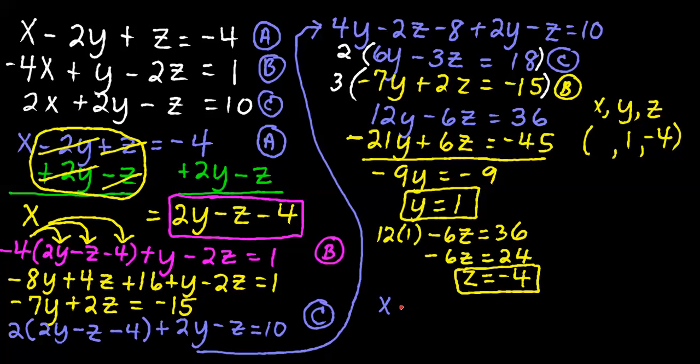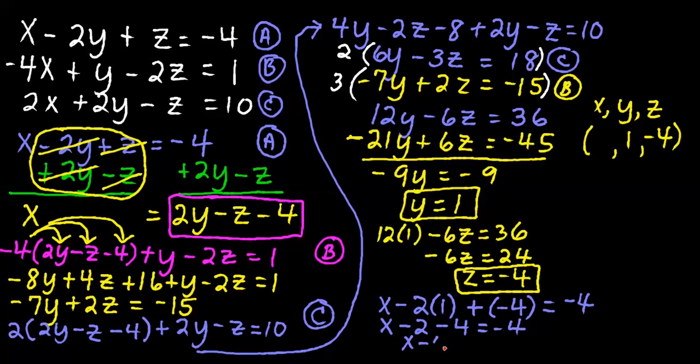So it's going to be x minus 2 times 1 plus, instead of my z, I'm going to write negative 4 equals negative 4. I'm going to have x minus 2 minus 4 equals negative 4, or x minus 6 equals negative 4. And then if I just add 6 to both sides, I will have x equals 2.